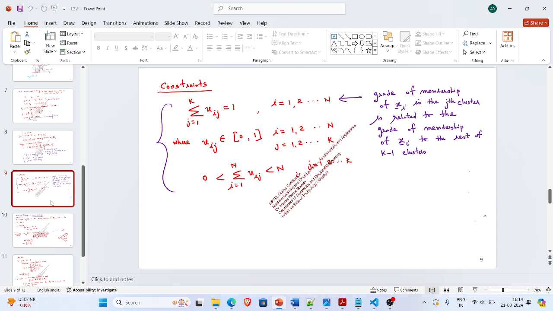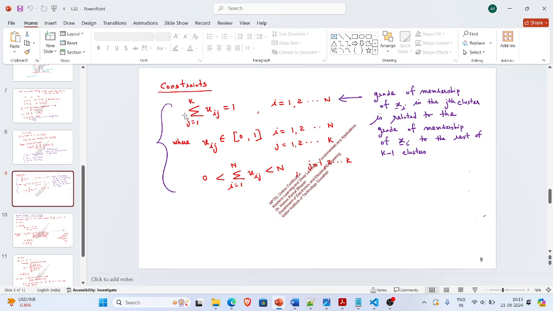As you can see, as we sum over all the clusters of this membership grade, we should get 1, because the sum should be equal to 1. That is the requirement, the definition of the membership grade. And all the u_ij are between 0 and 1.